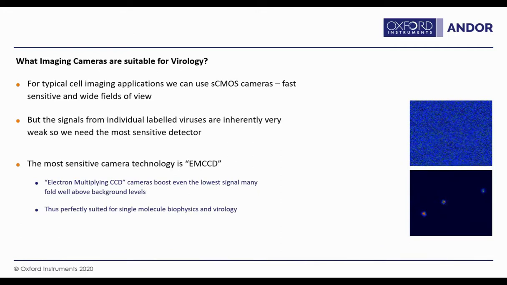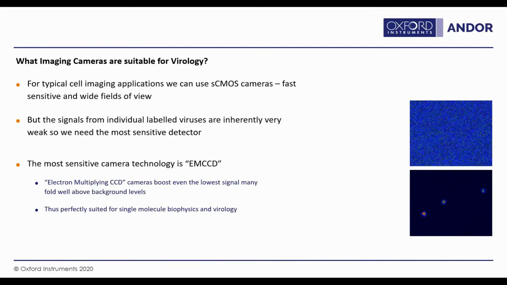What's important in these is that they have electron multiplication circuitry within them, unique to this kind of camera, and this allows them to boost the incoming signal manyfold so that before the camera reads out, it is much higher than the background level.